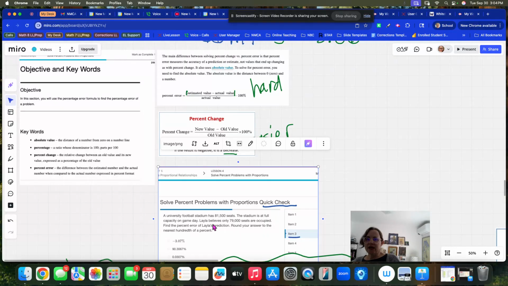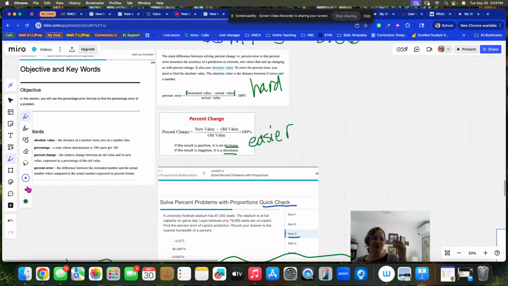And then Layla believes only 79,000 seats are occupied. That's her guess. Find the percent of error in Layla's prediction, or the percent of change. What's the change between what she thought and what it actually is? Okay, so what we're going to do here is new minus old over old.